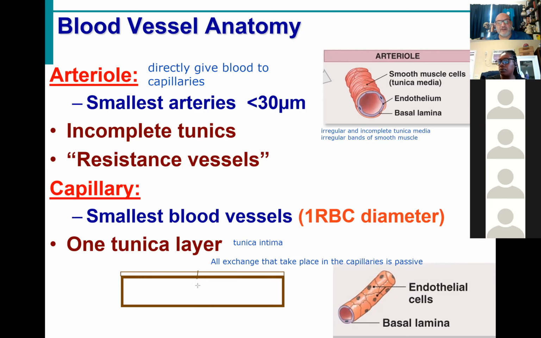And as we talked about in 430, one of the major things that helps to facilitate diffusion is having it go a shorter distance. The shorter the distance that it has to travel, the faster diffusion will occur. So by having just a single layer of simple squamous cells, we have basically as thin of a membrane as possible to help facilitate that faster diffusion.